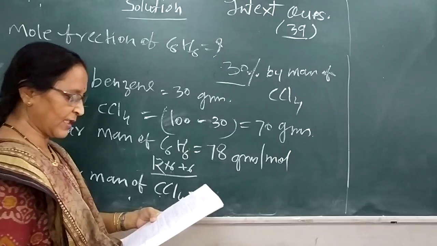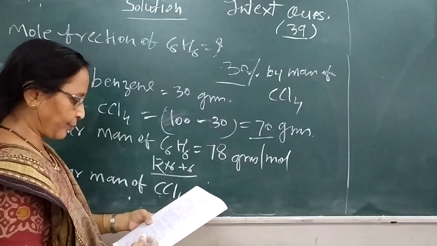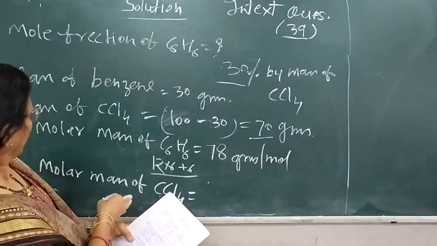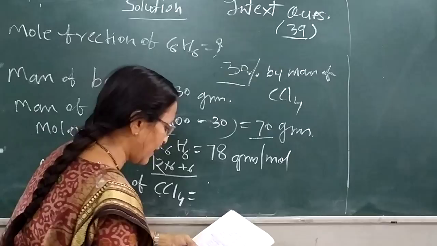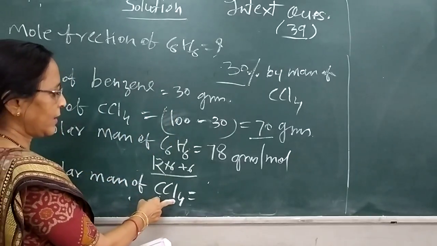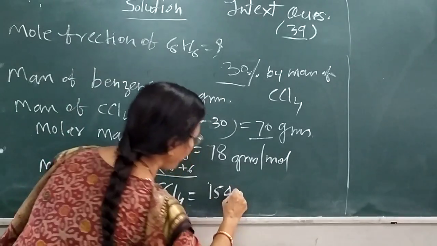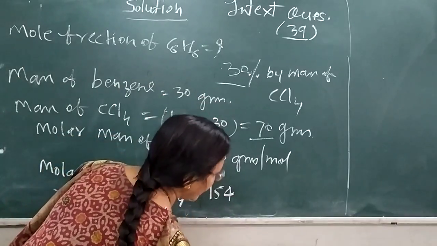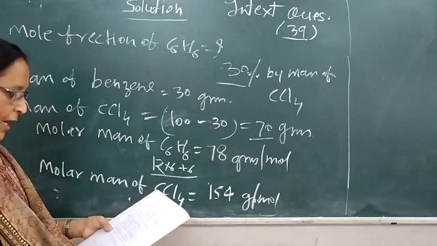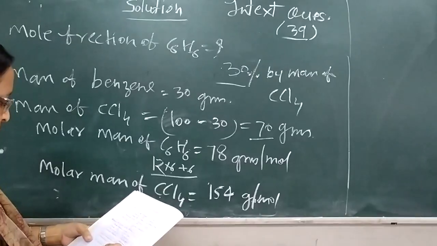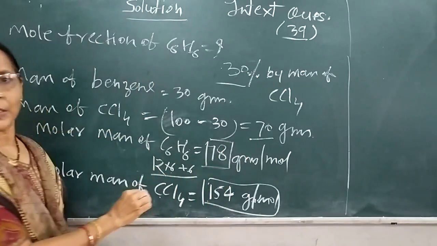Carbon is 12 and Cl is 35.5, and in this way we calculate, it comes to 154 grams per mole. This is the molar mass of benzene and this is the molar mass of CCl4.